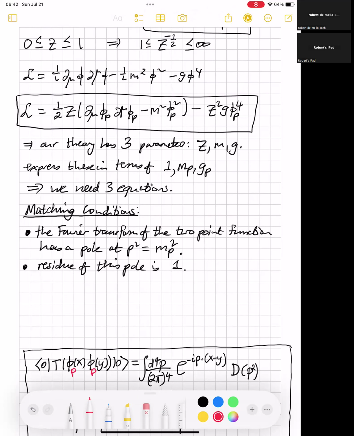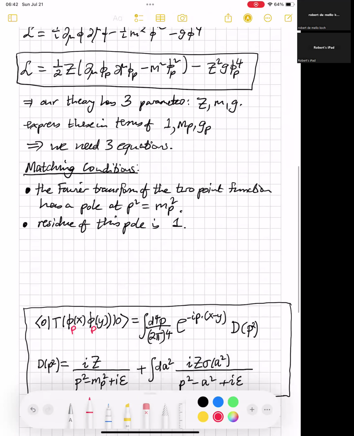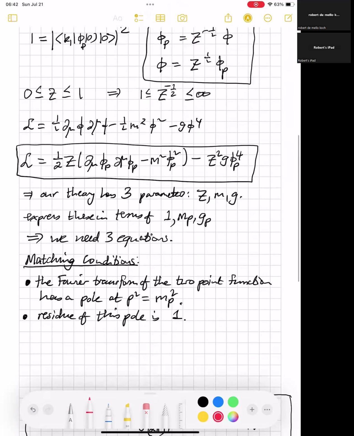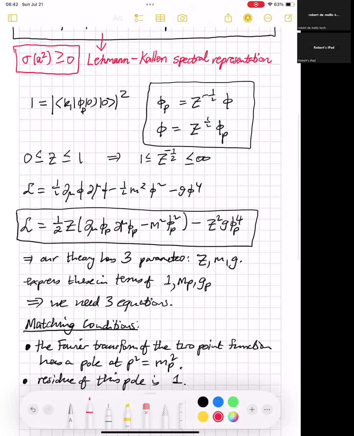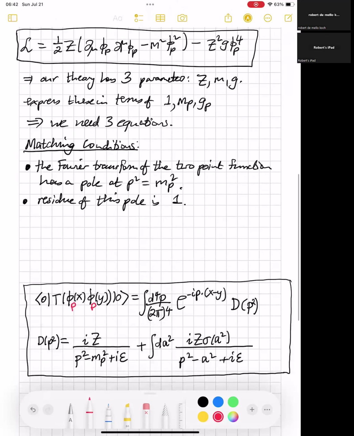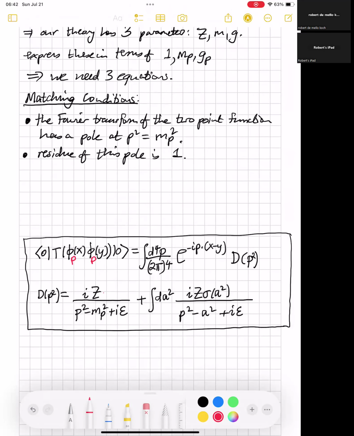If I do that, and let's maybe work out now what the 2-point function is, what do I need to do to turn the field into the physical field? I need to multiply by z to the minus 1/2, for both of the fields. So I'm multiplying by z to the minus 1 on the first term and z to the minus 1 on the second term.